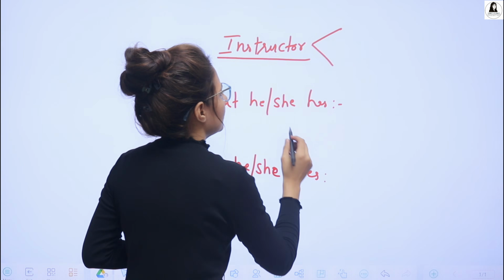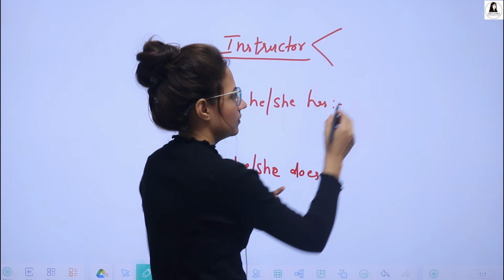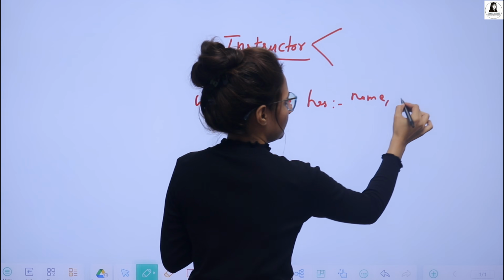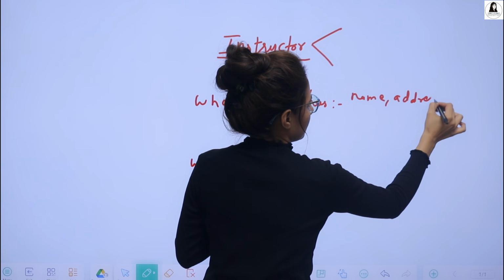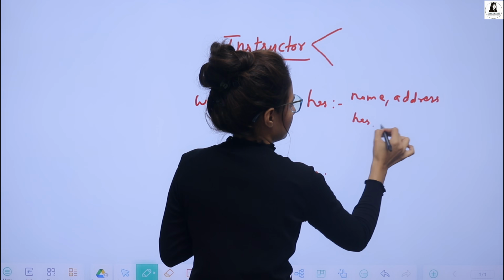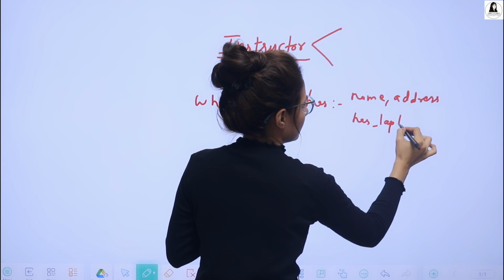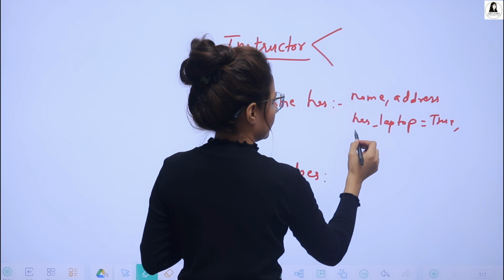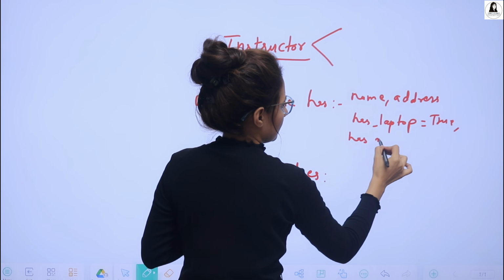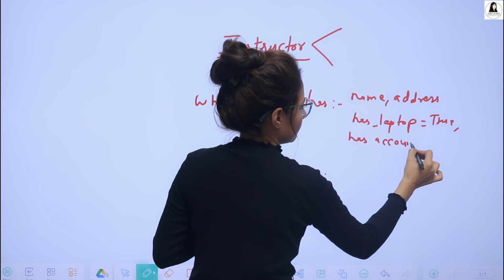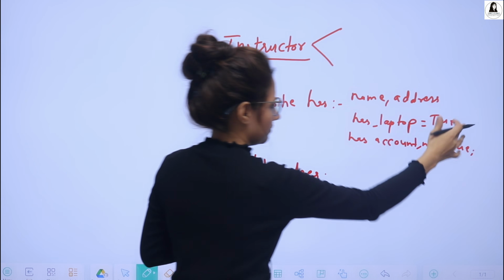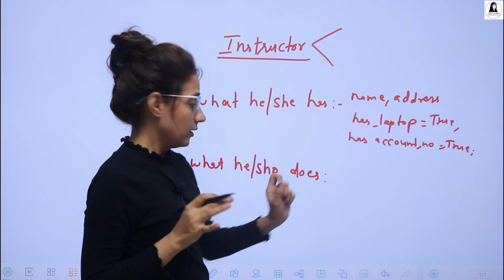Has means, suppose I am the instructor Jenny, I have some name, maybe an address, and I have a laptop or not, has laptop equal to maybe true, and has my account number, and something like this. I'm having some details with me, right?